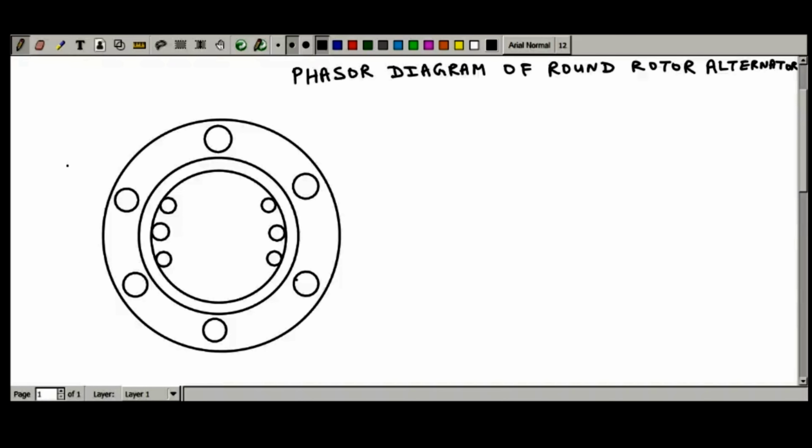And on the slip rings we have two brushes pressing on the slip rings, and those brushes have lead wires embedded inside them, and those leads are taken out to the terminal box where we can connect a source of DC supply.